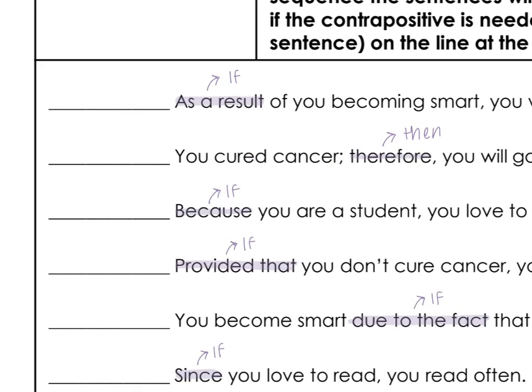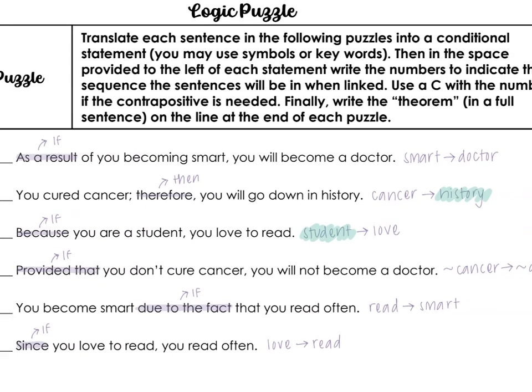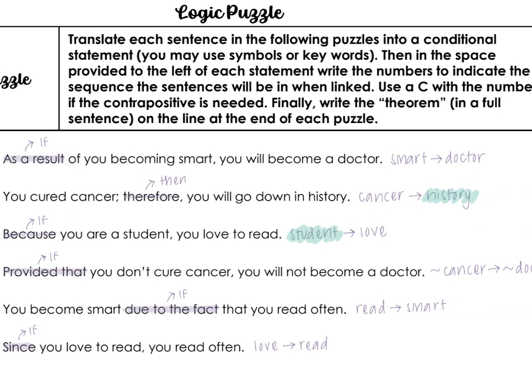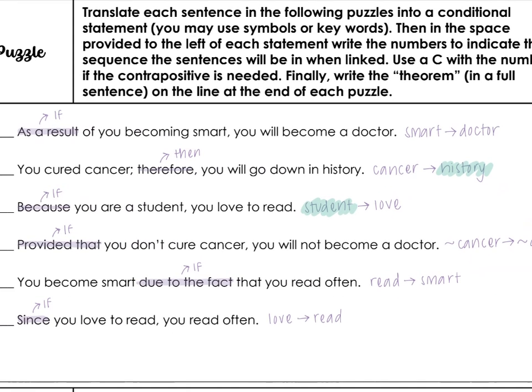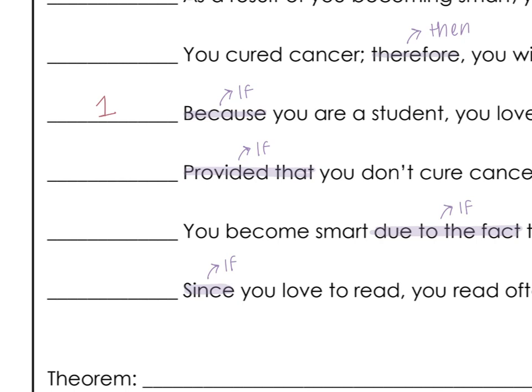So that's going to be my number 1. Okay. Now, student ends off at love, so I want to look and see, well, love is going to pick back up in that last sentence down here, so I'm going to label that sentence 2.